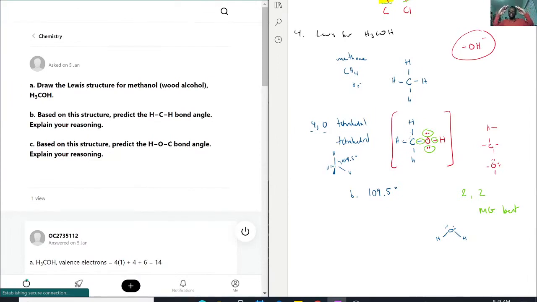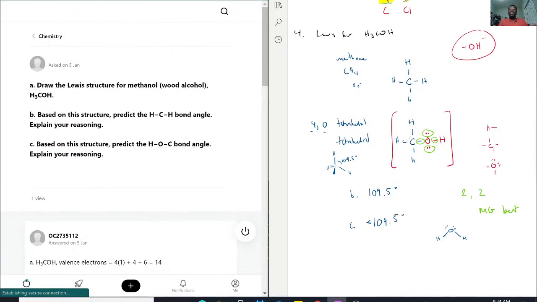So instead of being that 109.5 like the other tetrahedral, it actually squishes it a little bit. We don't know the exact amount, but we can say that it's going to be less than 109.5. So for C, it's less than 109.5 because the molecular geometry is bent.